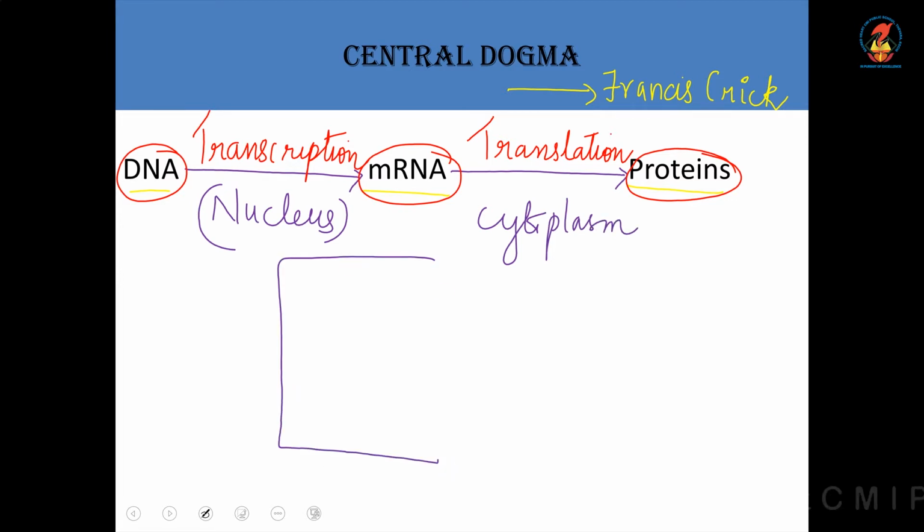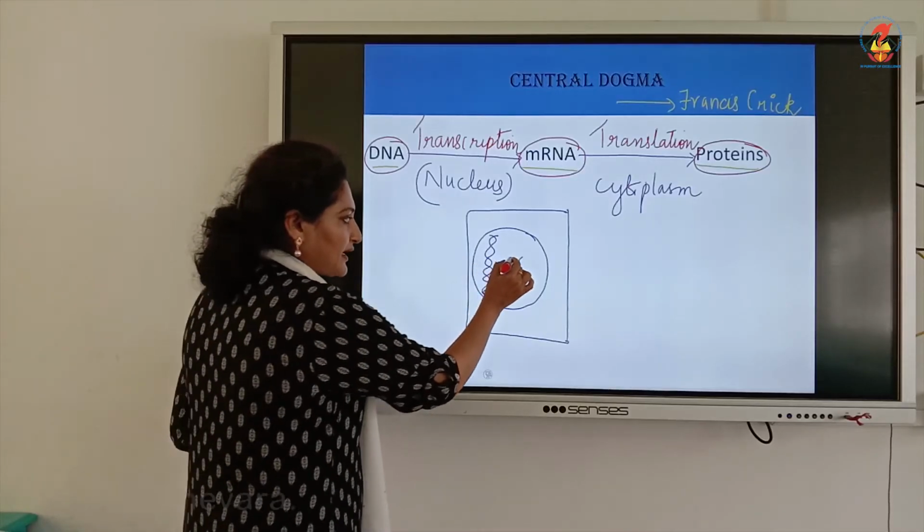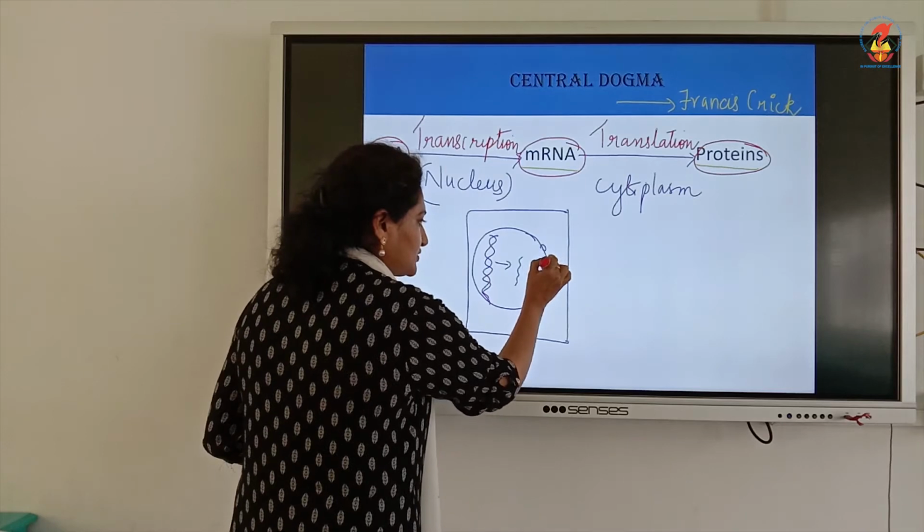So, if I depict the cell, this is the plasma membrane, this is the nuclear membrane, this is the DNA. Now, from the DNA, mRNA is formed. This process is called transcription. It occurs in the nucleus. Now, this mRNA comes out through the nuclear pores.